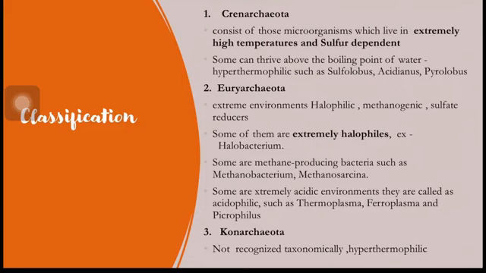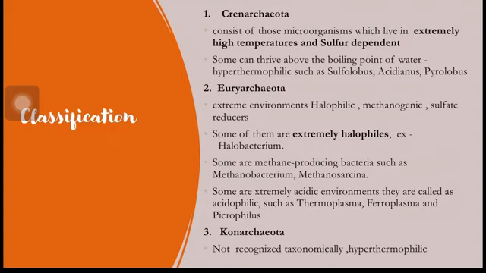Phylum Crenarchaea consists of organisms that live in extremely high temperatures and are dependent on sulfur. The sulfur may be used as an electron acceptor in anaerobic respiration or as an electron donor by lithotrophic organisms. These Crenarchaea are often found in heated water or soils that contain elemental sulfur.